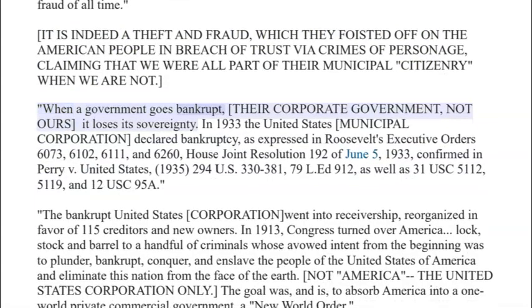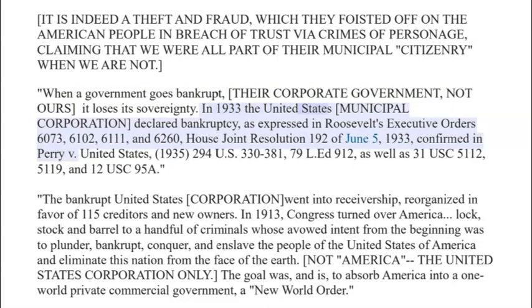When a government goes bankrupt, their corporate government, not ours, it loses its sovereignty. In 1933, the United States Municipal Corporation declared bankruptcy, as expressed in Roosevelt's Executive Orders 6073, 6102, 6111, and 6260. House Joint Resolution 192 of June 5, 1933, confirmed in Perry v.